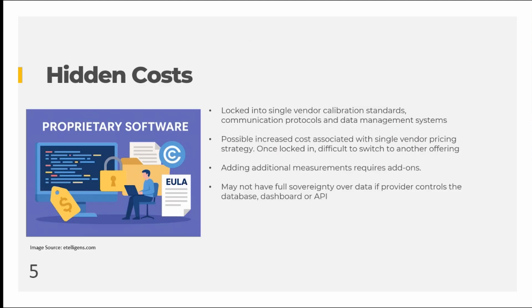The first one is hidden costs. If you have a proprietary system, especially in a micromet station, you can run into issues with single vendor calibration standards, communication protocols, and data management systems.